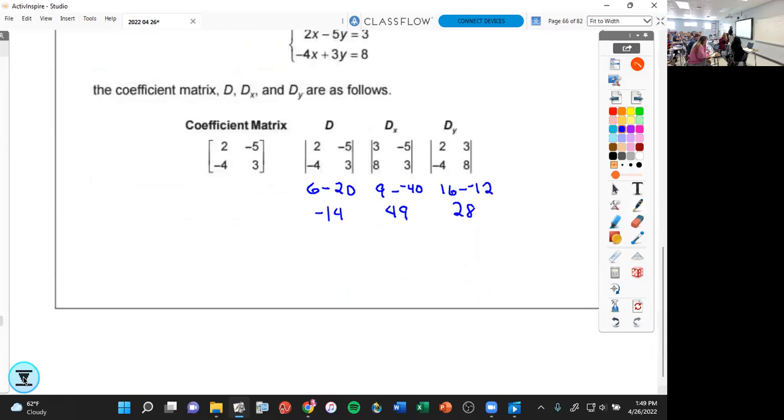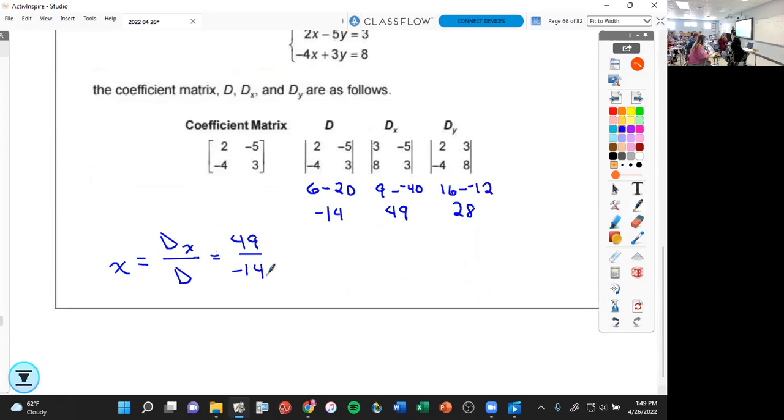The value of x is equal to Dx divided by D. What does that mean? What is Dx? 49. What is D? Where'd you get that equation from?